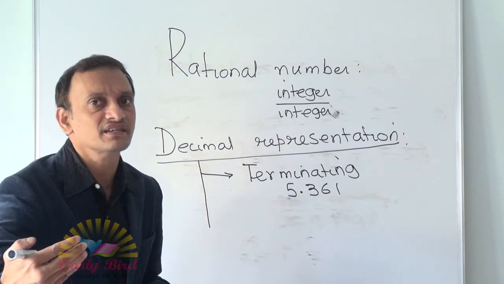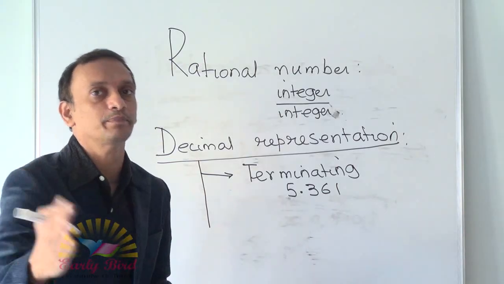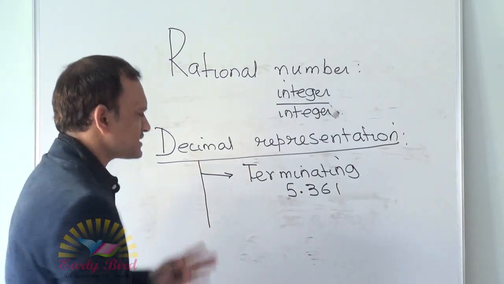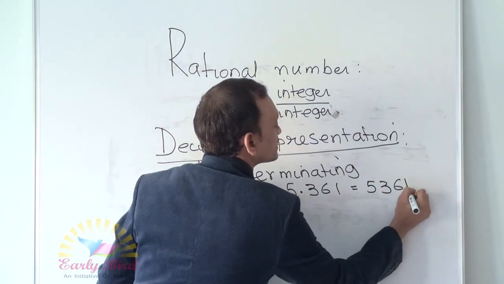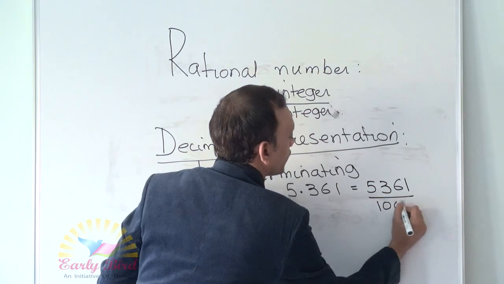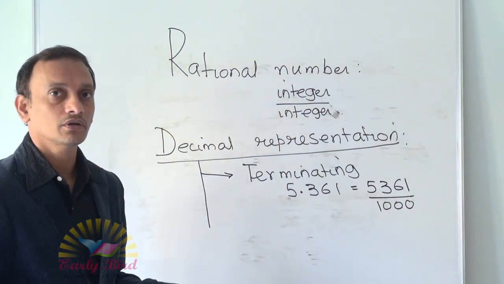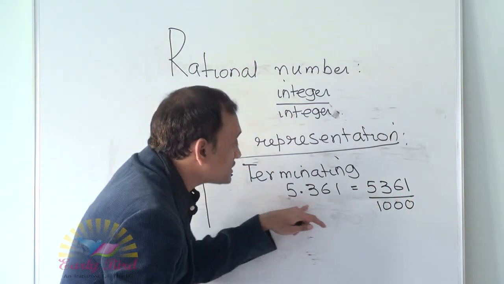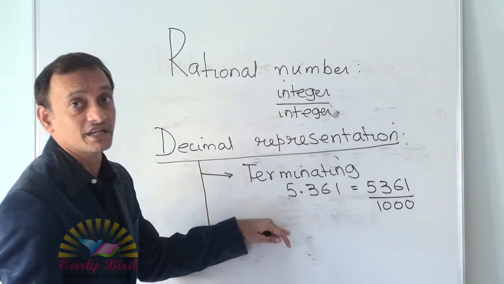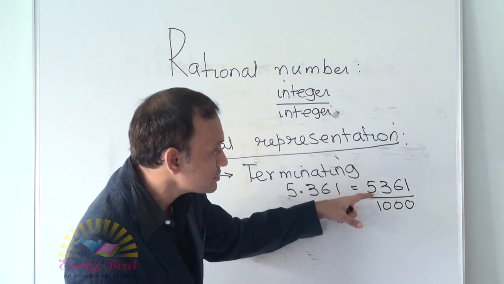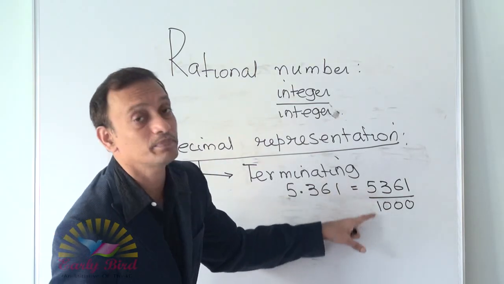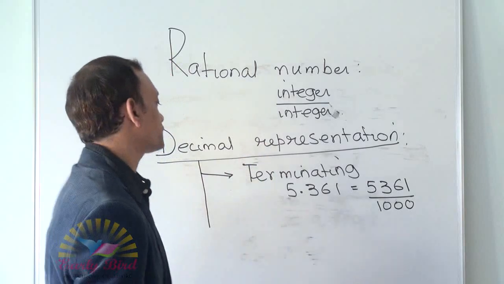Can this be expressed in the form p by q, where p and q are integers? Yes, this could be written as 5361 divided by 1000. All of you understand this. So that's a terminating decimal, which also is a rational number because it could be written in the form p by q, where p and q are integers.